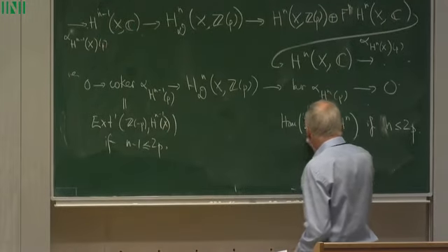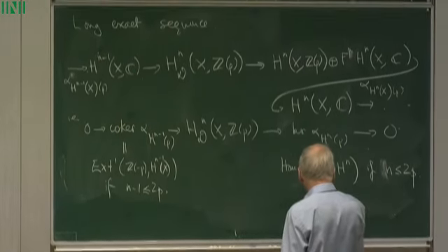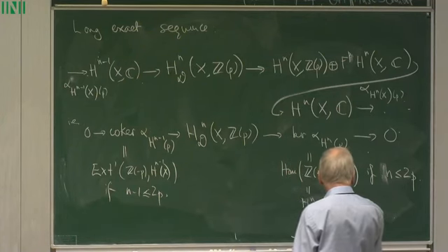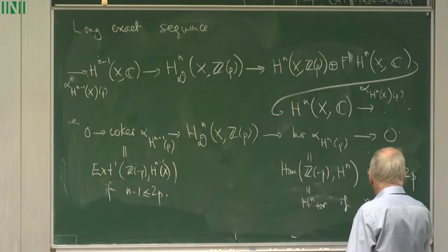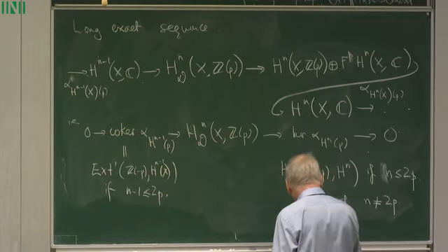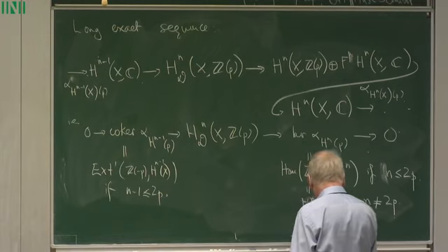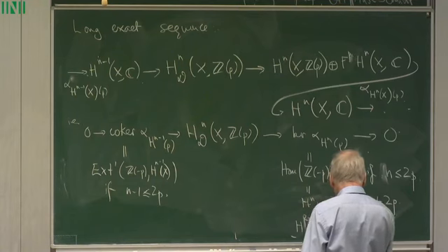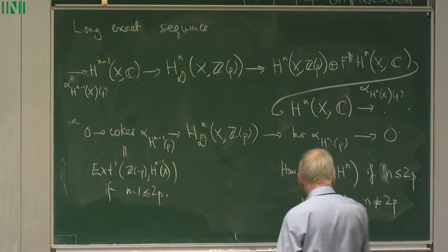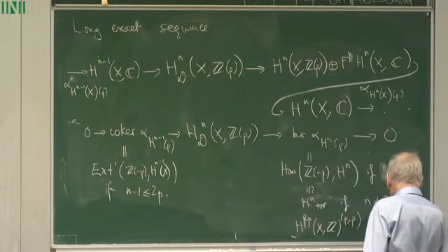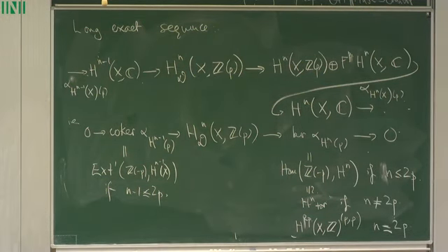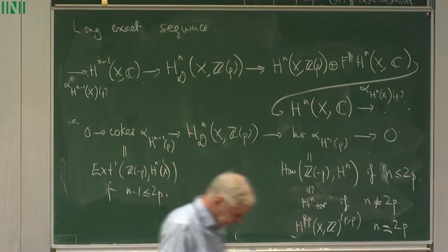So we saw before, this is just the torsion if n is not equal to 2p. And if n equals 2p, it's just the p,p classes in H2p. So isomorphic, maybe I should write there, if n equals 2p. Okay, and I'll come back to this in a moment.